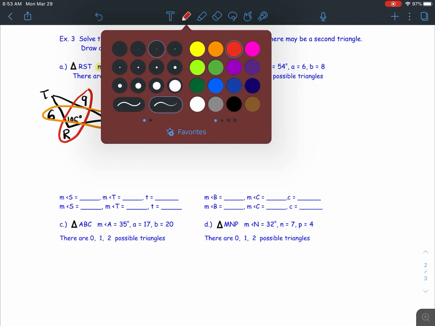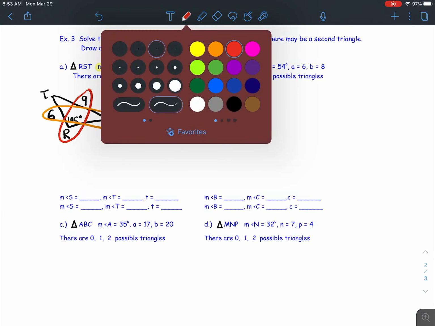We're going to divide by 9, and then if you recall, to solve for a missing angle, the only way to break this trig function apart is to do the inverse sine. That cancels off sine, leaving me with angle S. On the right side, I also have to do the inverse sine. So here's what you're going to type on your calculator: inverse sine, then in parentheses, 6 sine 105.